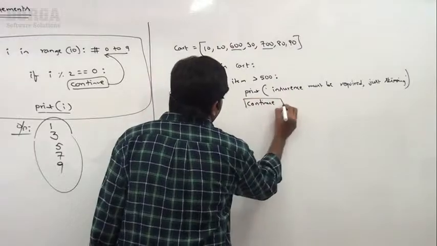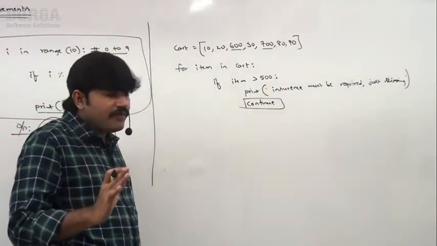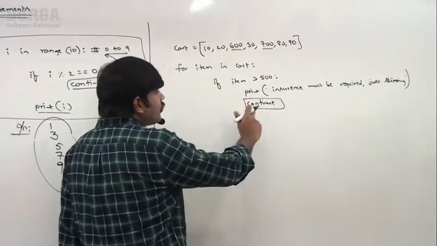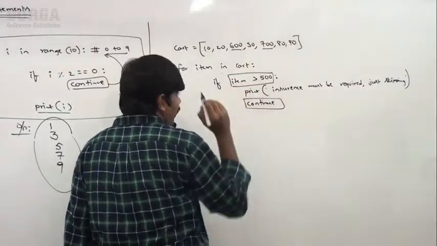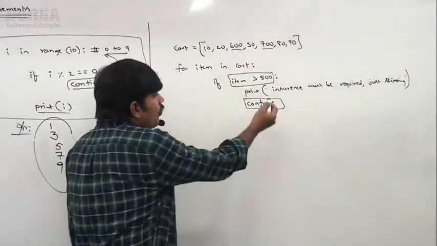Continue. Observe carefully. If any item requires insurance, if item value is greater than 500, skip that item and go for the next.